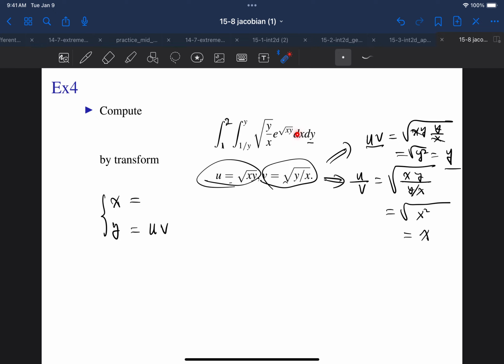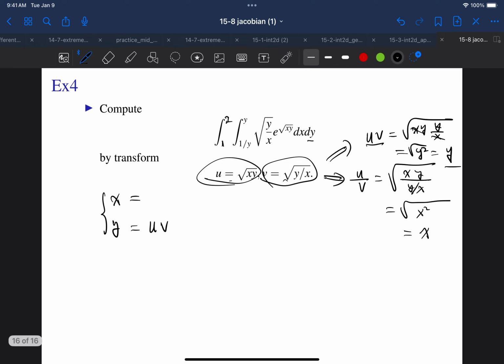Looking at x, it takes a number in between this and this. The smallest number it can take is 1 over y, and y is always positive, between 1 and 2. So the reciprocal of a positive number is positive, so x is always positive. So x is u over v. This is the first step.